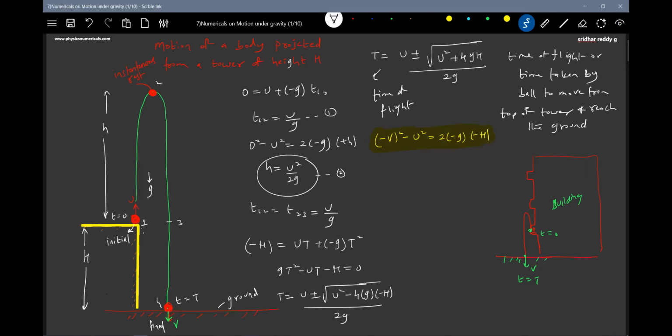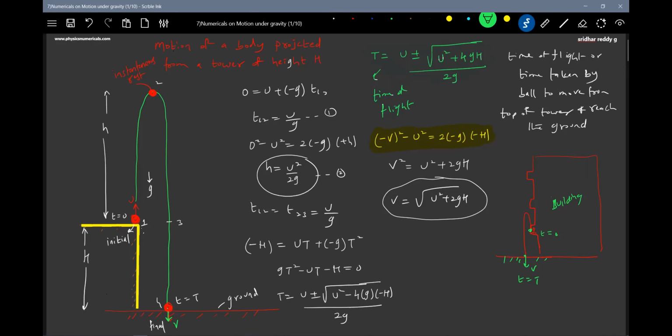Solving this is what is needed. v square equal to u square plus 2gh. So the ball will come and strike the ground with a speed v. These are some quantities which we'll be using.